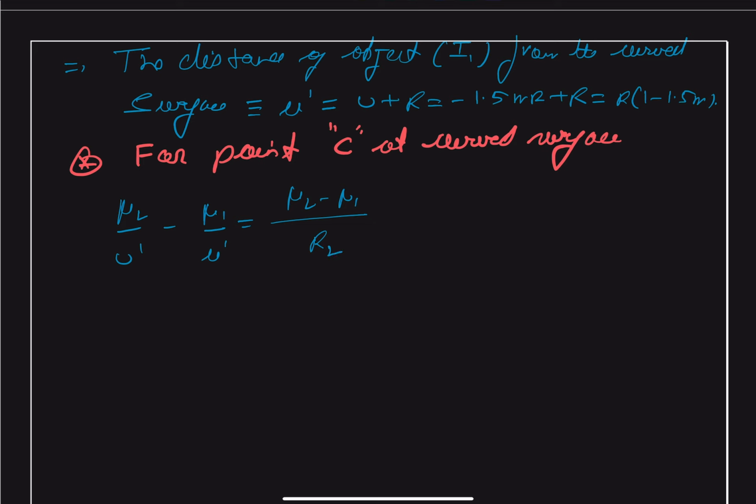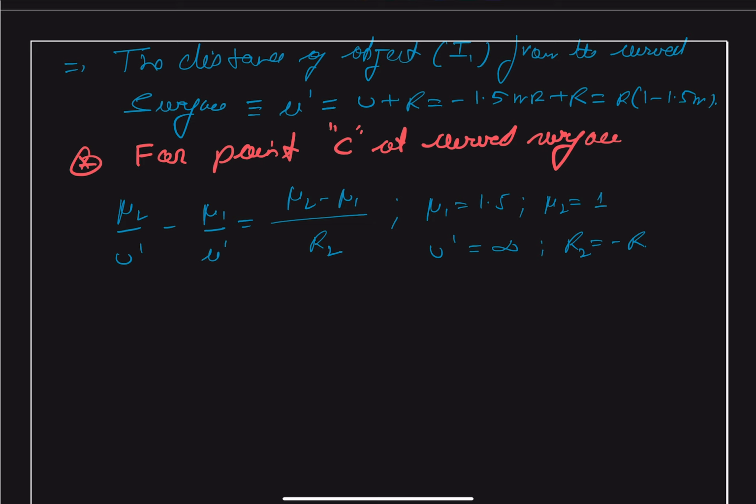And here mu1 will be equal to 1.5, mu2 will be equal to 1, and our v prime will be equal to infinity because the emergent ray is parallel, and our r2 will be equal to minus r.